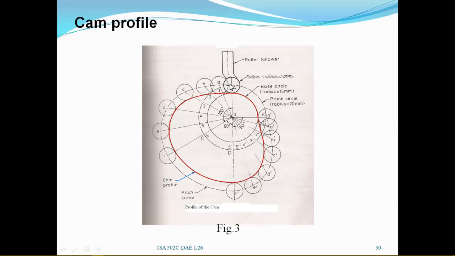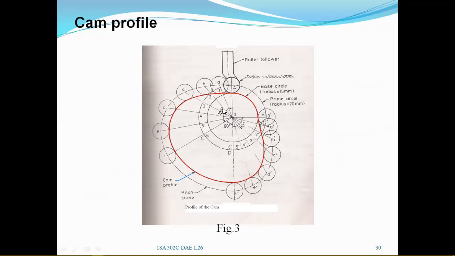OA is the center of the roller or trace point. Starting from OA, with the assumption that the cam is rotating in the clockwise direction, we draw the follower rotating in the anti-clockwise direction, so that 120 degrees, 60 degrees and 90 degrees should be marked starting from the OA line axis.